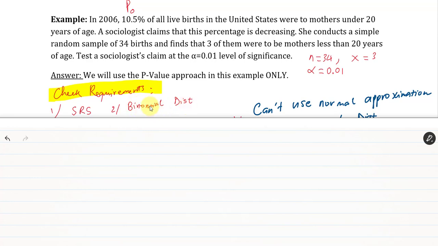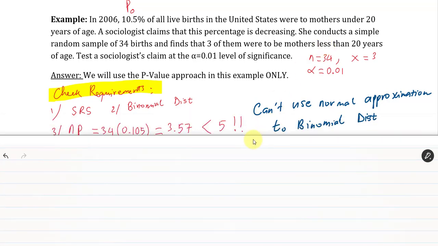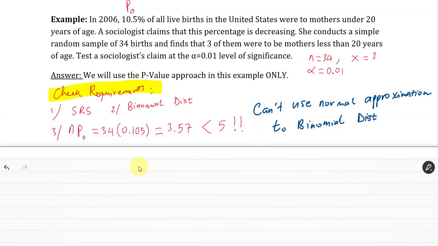So yes, this is a binomial distribution. That is also correct. So we either have the models to be less than 20 years of age, or we have a higher value, right? And then the last one is that you are checking for the normal approximation to the binomial. So if n times p naught is bigger than 5 and n times q naught is bigger than 5, then we are all good.